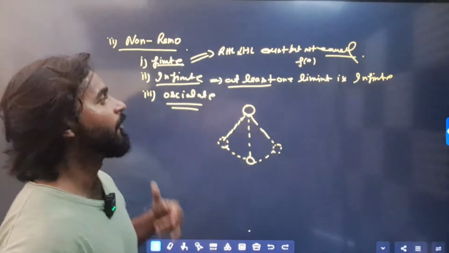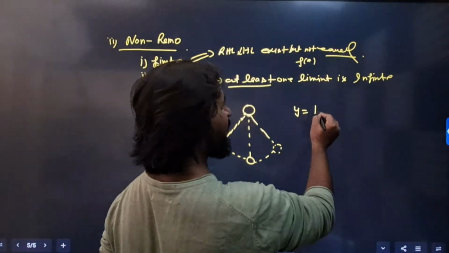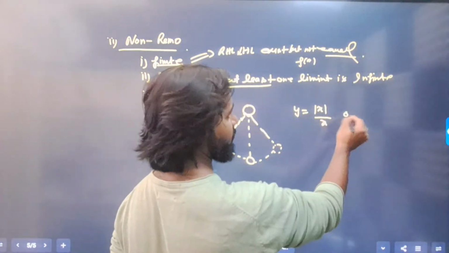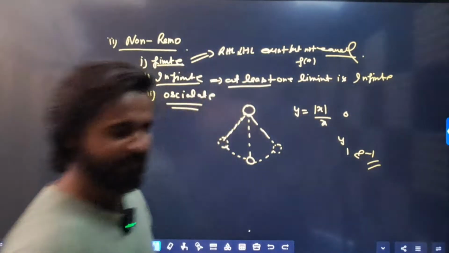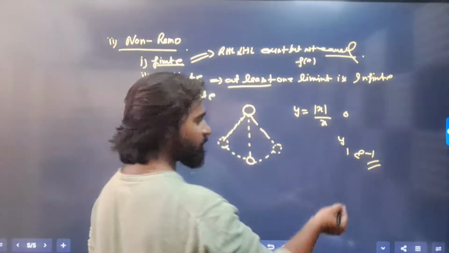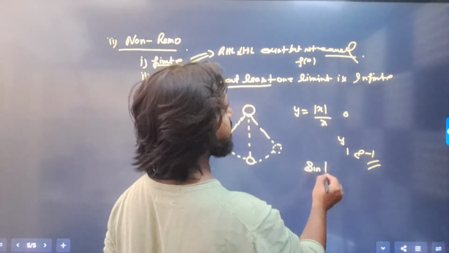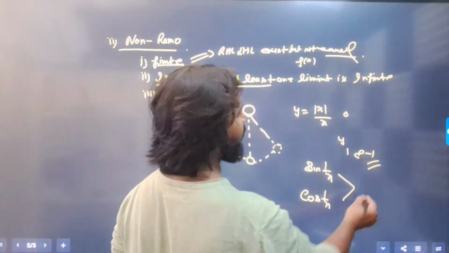Clear or not? So oscillation means, you know very well, many functions. Signum function is an oscillating function because of 1 and minus 1. One more function, sine 1 by x, cos 1 by x, at x equal to 0.